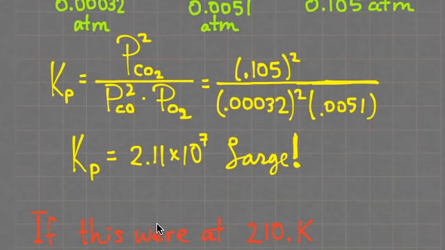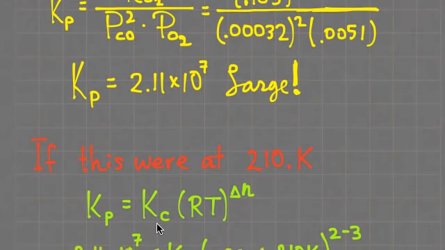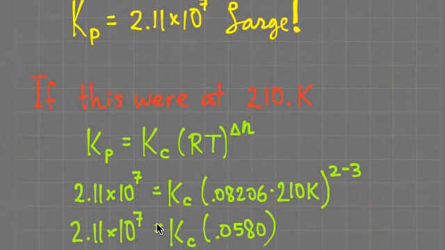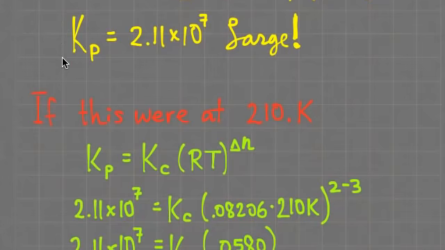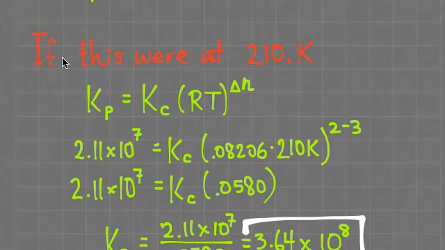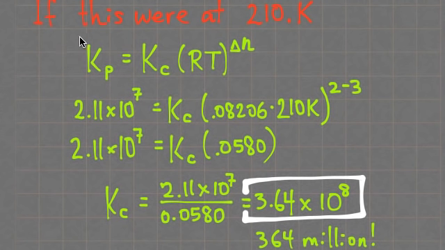And again, if this were at a specific temperature, then I could take that pressure constant and convert it into a concentration constant. Oh yes, should we count those moles again? There's 2 moles of gas over here, 1, 2, 3 moles of gas over here, so 2 minus 3 is again... Oh, I made a mistake there as well. Well, I better fix that. Let's see, how would this change? 2 minus 3 is negative 1, so this should be to the negative 1 power.